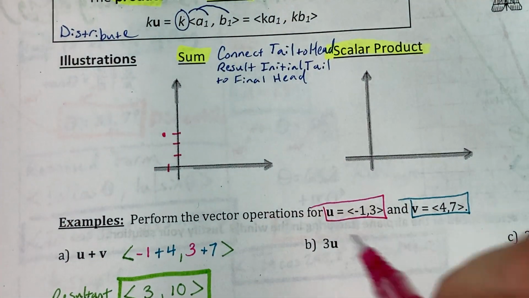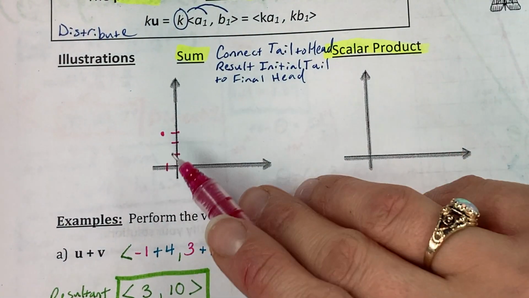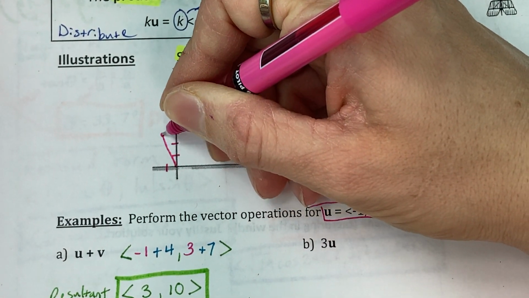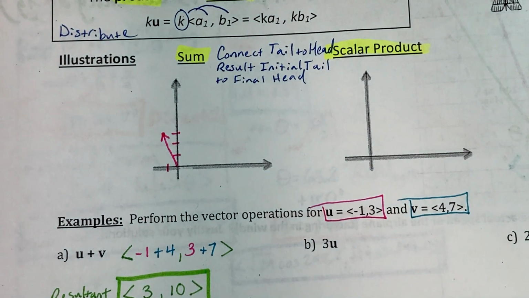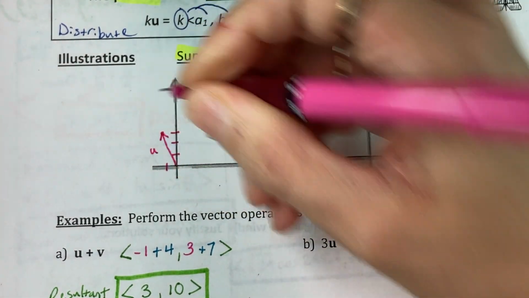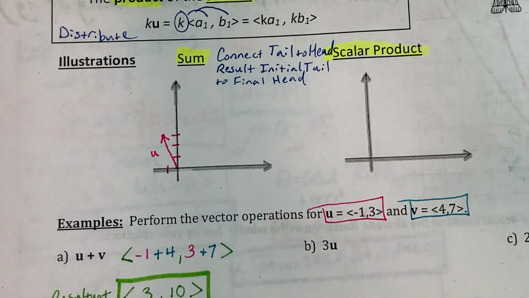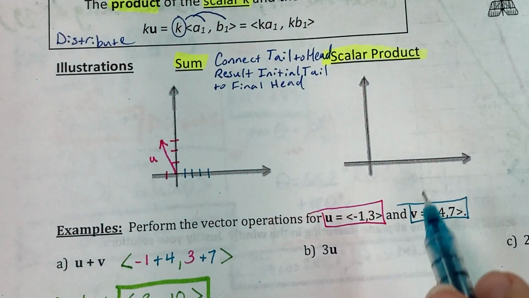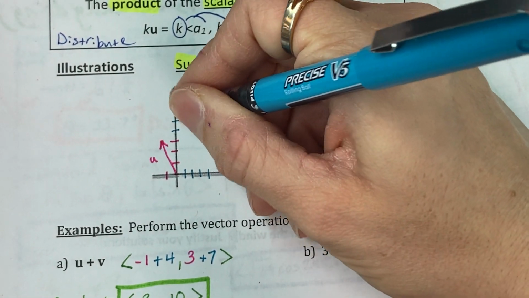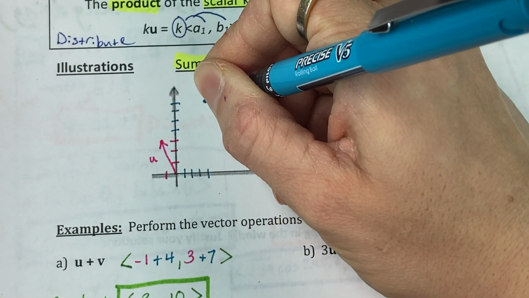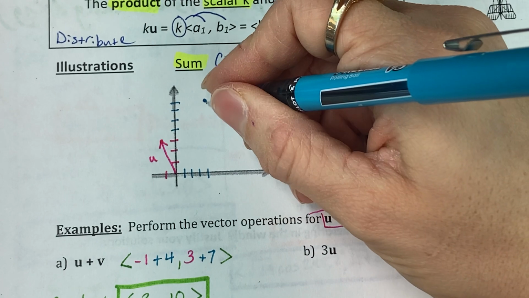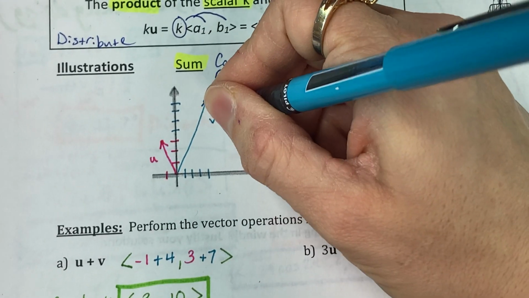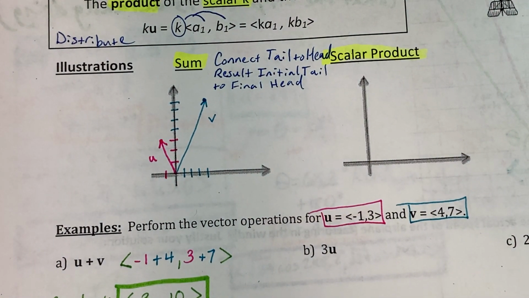And remember, instead of just being a point, I'm graphing this vector in standard position, so it's going to start at the origin and extend up towards that point with an arrow. So there's vector U. Then for vector V, forward 4, 1, 2, 3, 4 for the A component, and up 3, 4, 5, 6, 7 for the B component. So extending to that point from the origin, that is vector V.